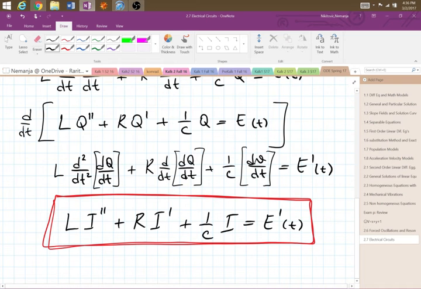He was the one who invented the alternating currents, transformers, generators, electrical motors. Well, he technically did everything that we use today. So this is for alternating currents because this E, the forcing term, is going to be given in terms of sines and cosines, which are the waves for alternating currents.